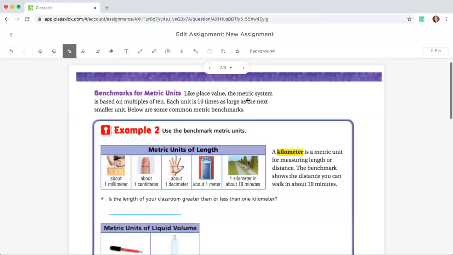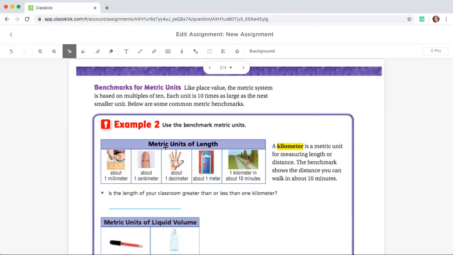On this side of the page, we have the metric units. Metric units are much more reasonable, much more exact, much more logical to understand.